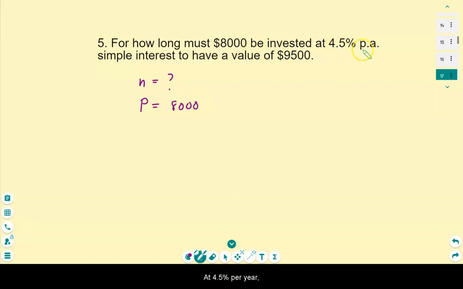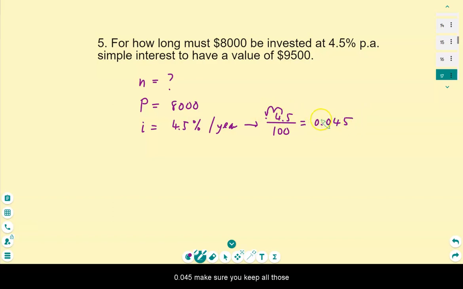At 4.5% per year, that's our interest rate. 4.5% per year. As a decimal, since percent means divide by 100, move that thing like that, 0.045. And make sure you keep all those decimal places too. And I'm going to put in my units, per year.